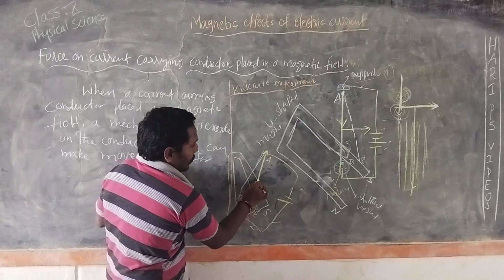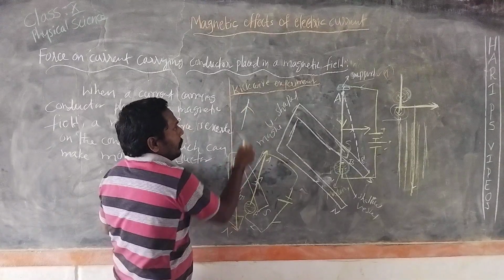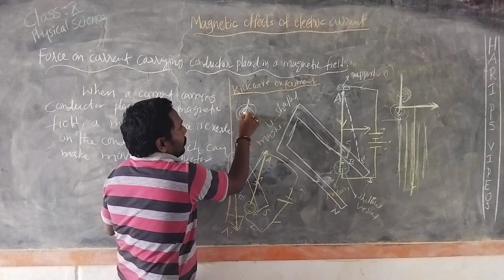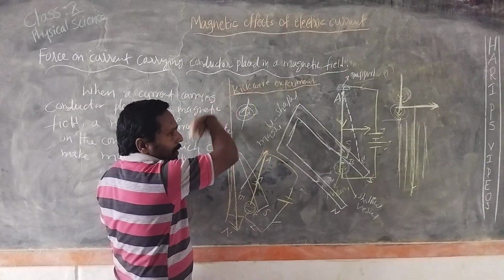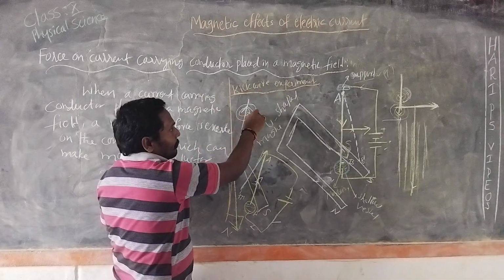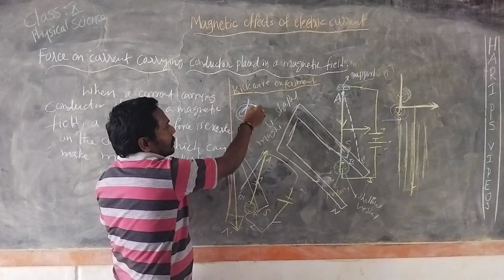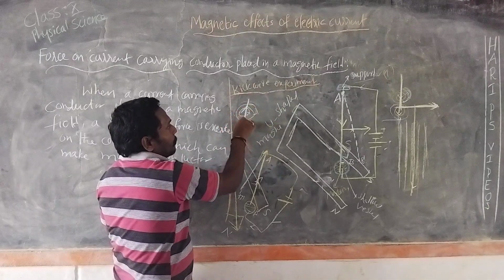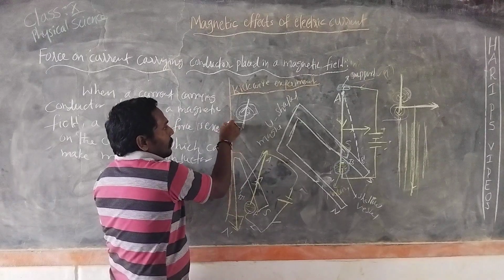In the case of current flowing vertically upward, the magnetic field is from right to left, in an anti-clockwise direction. Due to this anti-clockwise direction, the magnetic field moves the wire towards the north.